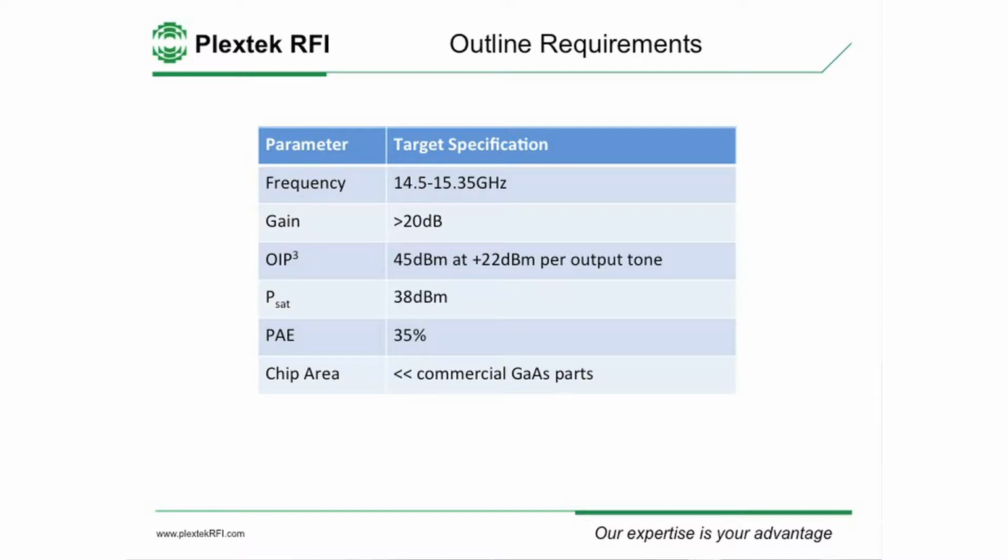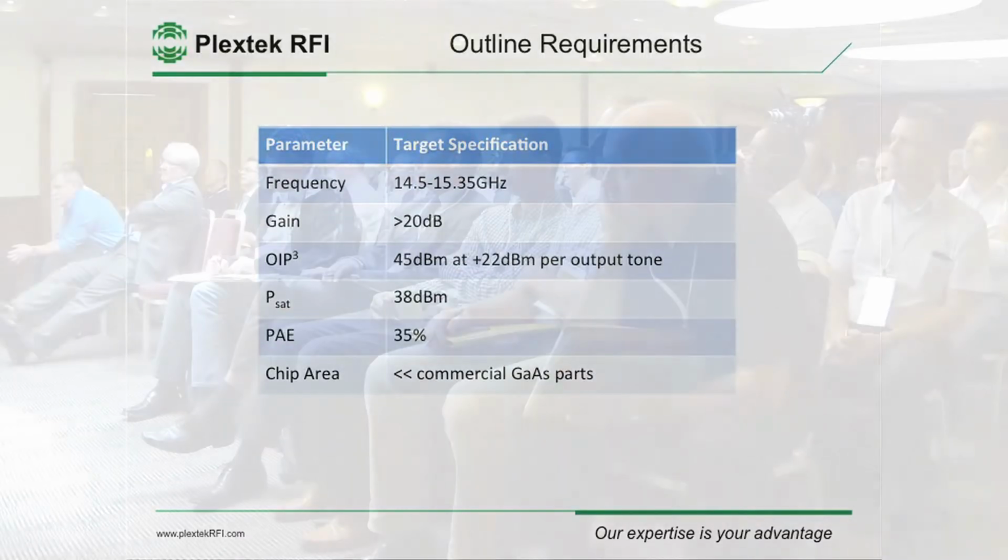Now, one of the reasons for looking at gallium nitride is to increase this IP3 level. And the reason we want to increase the IP3, we're not looking to generate more output power in actual fact than the incumbent GaAs solutions. We're looking to have better linearity so that we can up the level of the modulation, the order of the modulation. QAM 256 is now routinely used.